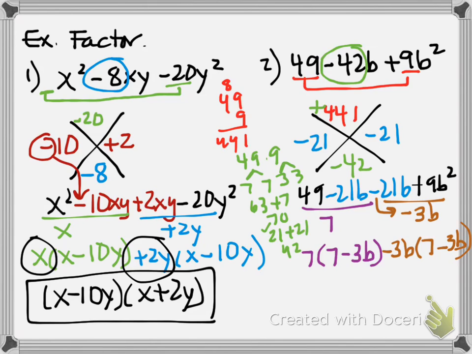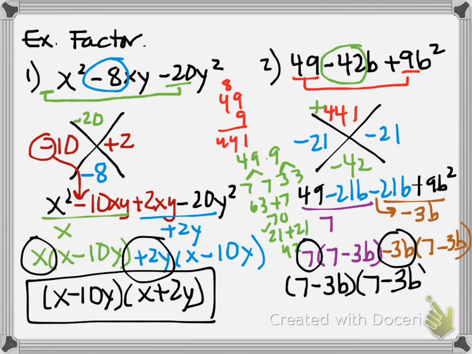I ended up getting a match. So I pull out the 7 minus 3b, and then these two form their own binomial. And you should notice something interesting about our factors. What do you notice? They're the same. So that means I write it once with an exponent of 2.